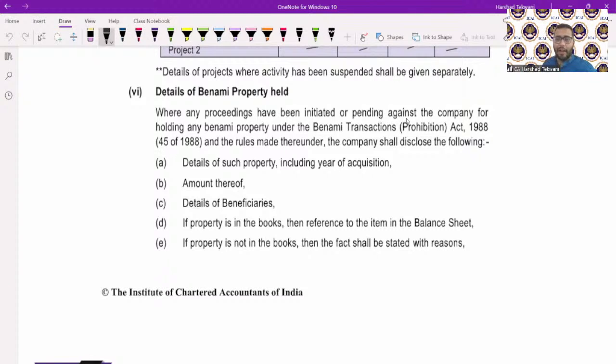Let's say there is land in the name of Mr. X, and Mr. X is a fake identity. Where any proceedings have been initiated or are pending against the company for holding any Benami property under this particular Act, we are referring here to the Benami Transactions (Prohibition) Act.